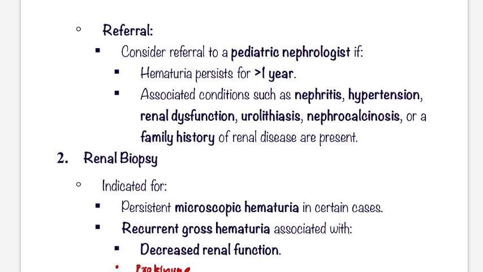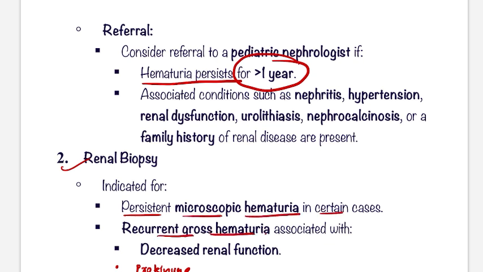Okay, so if you find it is going on for more than 1 year, you have to refer this patient to a pediatric nephrologist. Are there any indications of renal biopsy in hematuria? Yes. Persistent microscopic hematuria in certain cases, recurrent gross hematuria associated with decreased renal function, proteinuria, hypertension. These are important considerations for biopsy.